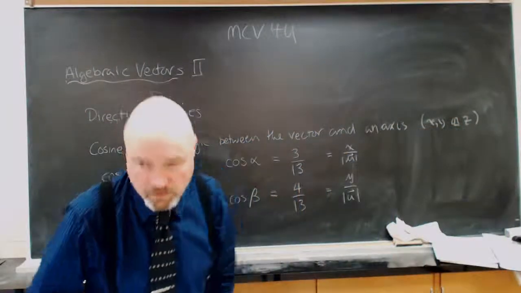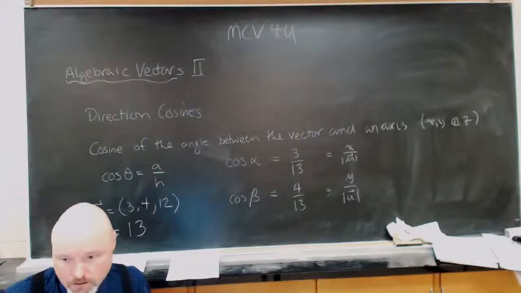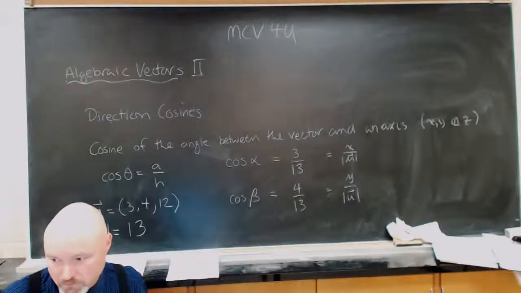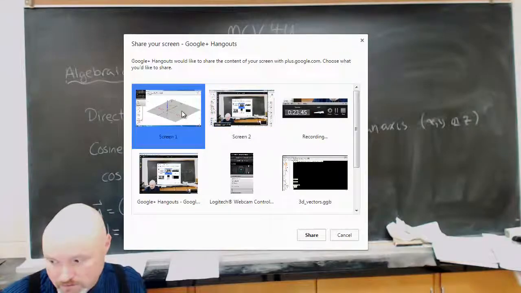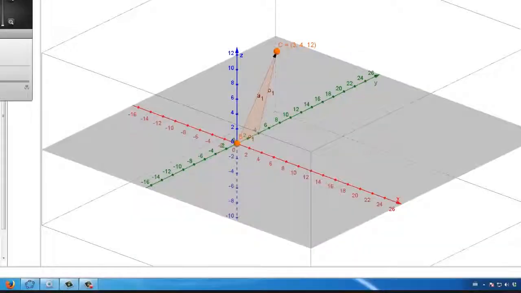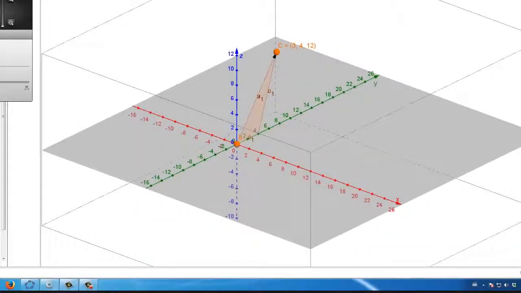Okay. Ready for the last one? Which one is this? And so this is gamma. So we're going to call this one gamma. And we're going to get rid of that polygon. Okay.